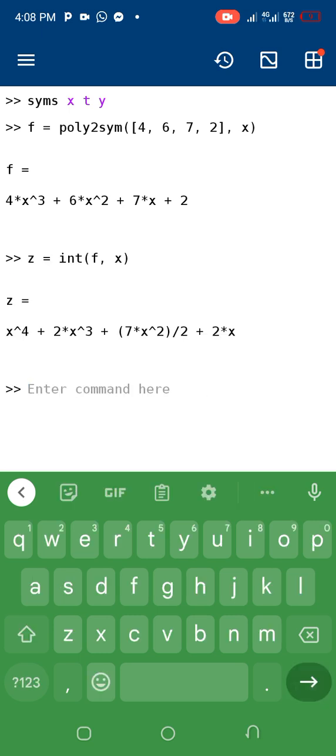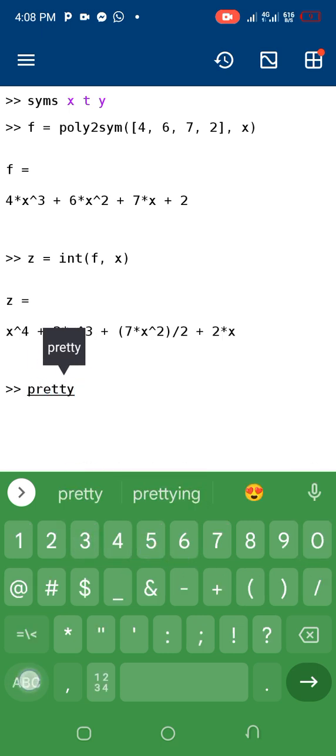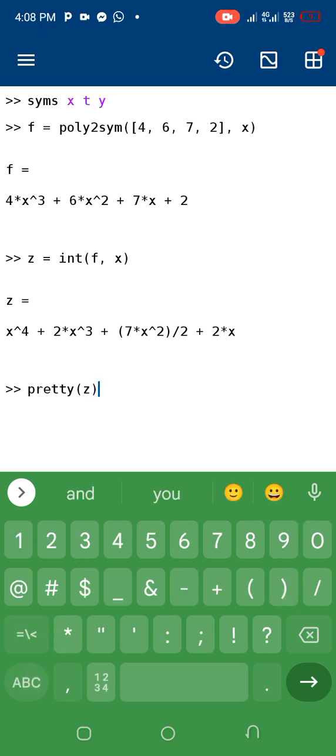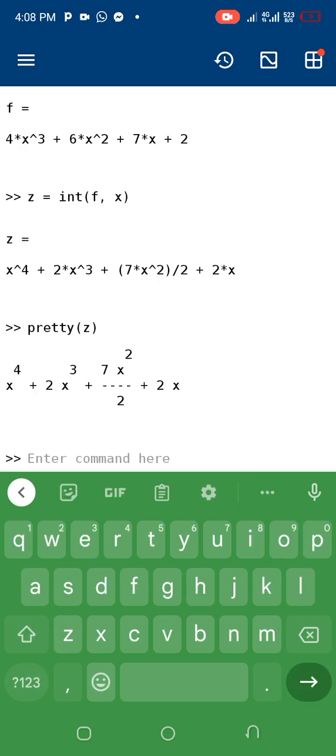So to see it in a human readable form, we can say pretty of z. So that means we have x to the power 4 plus 2x cubed plus 7x squared over 2 plus 2x.